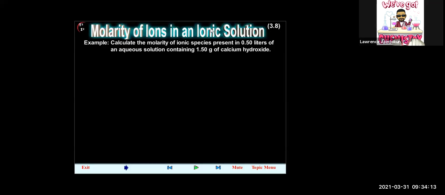All right, this is problem number 4, which I'm going to submit. That's question number 4. The molarity of ionic species present in 0.25 liters of an aqueous solution can. This is question number 5.